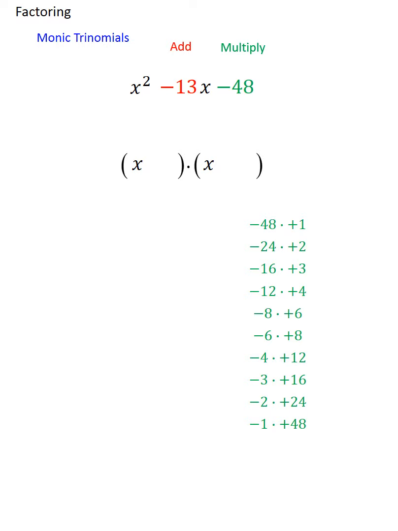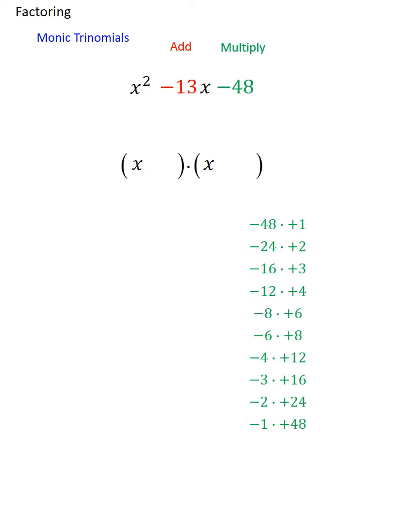Now most of these are familiar to the typical student. It's very common to know that 12 times 4 is 48, for example. You'll notice there's a rare one in here that you don't see very often. The typical student doesn't have it stored in their brain that 3 times 16 is 48, but it does in fact work.